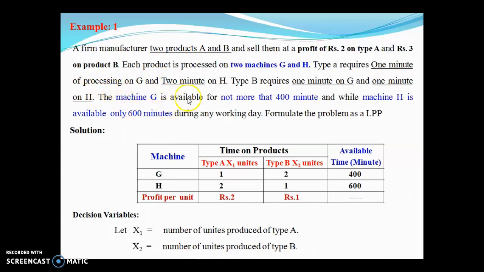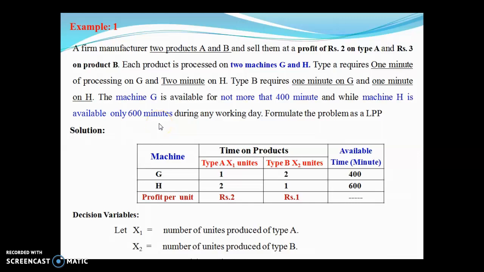The machine G is available for not more than 400 minutes. So this is very important. This is the restriction of the problem. There are two machines. The first machine G is available for not more than 400 minutes, while machine H, this is the second machine, is available only 600 minutes.